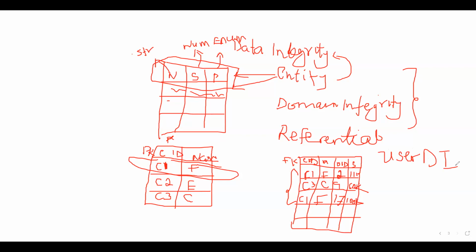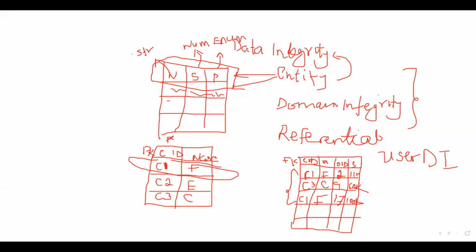This enforces some specific business rules that do not fall into entity, domain, or referential integrity. So we want things like a name to just be string, salary to be number, and position to be enum. You just need to ensure that this thing remains the way we just put it.